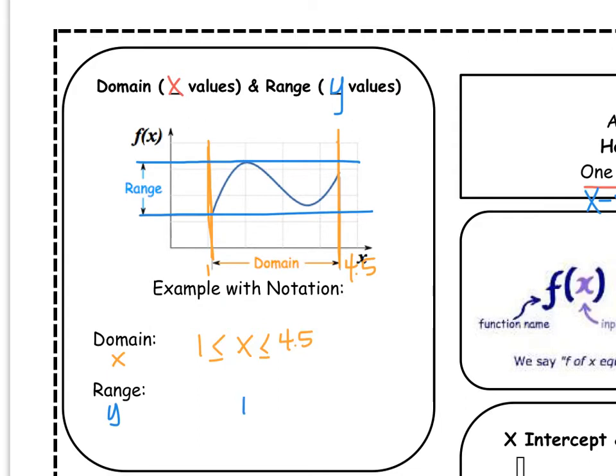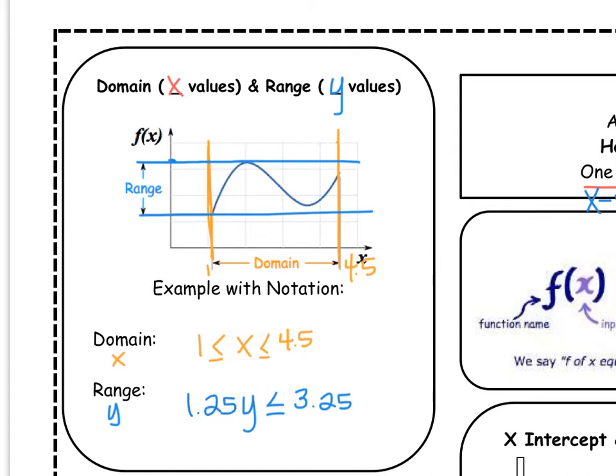So again, we're going to set it up so y is less than the highest value on the range, and this is about, let's just say for argument's sake, about 3.25. And it's greater than everything above this line right here, and this line is at about 1.25.